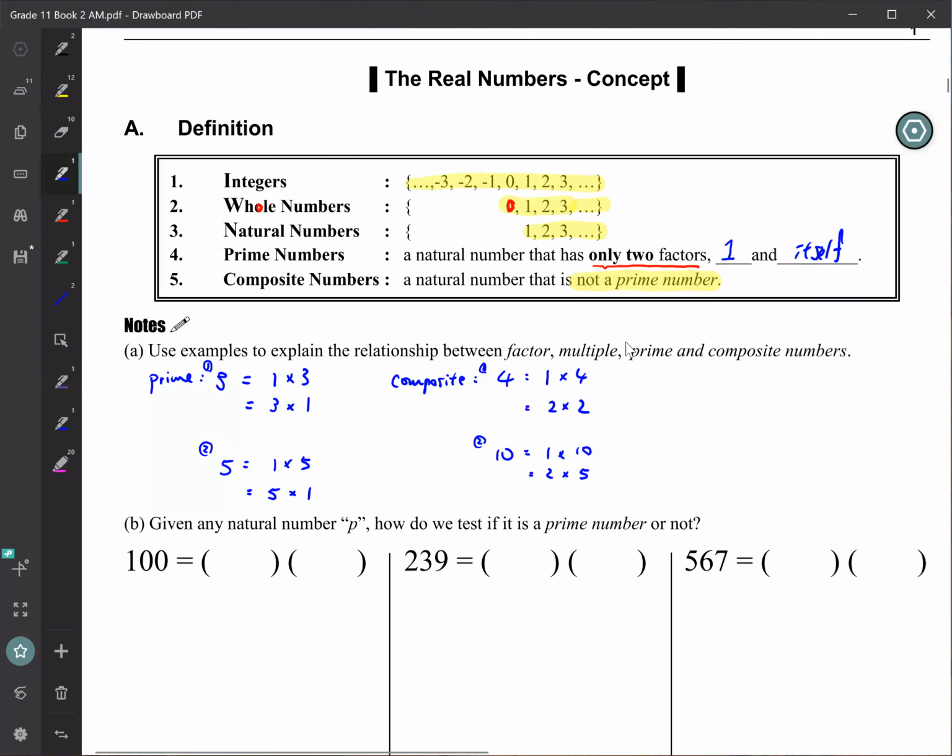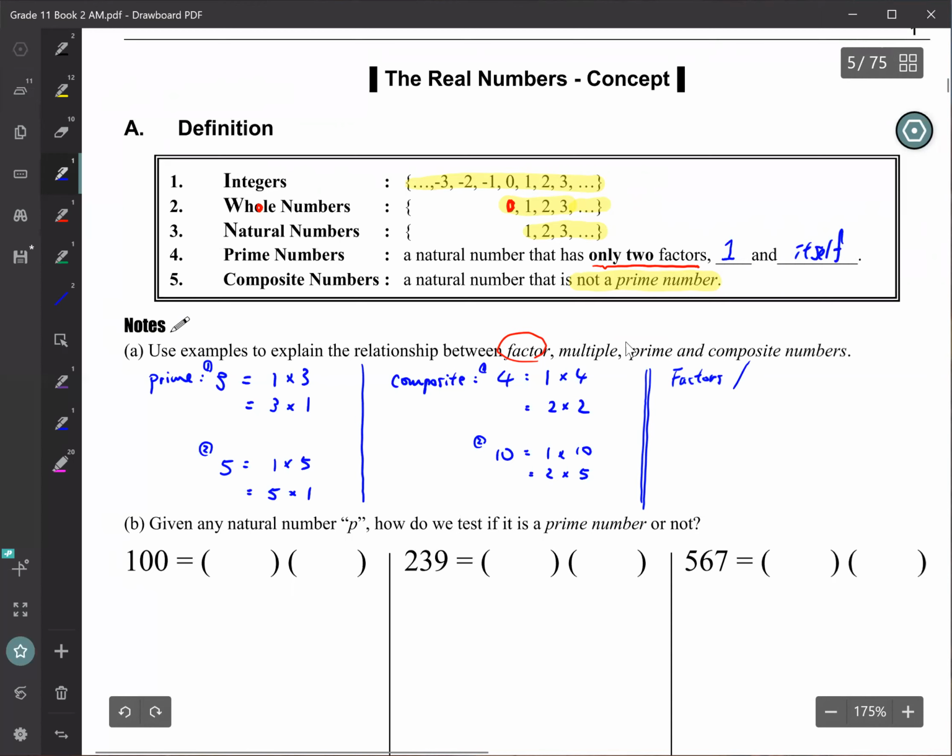Now we also have a couple terms we need to go over. One thing is called a factor. So these are called factors. Let me write it here: factors and multiple.